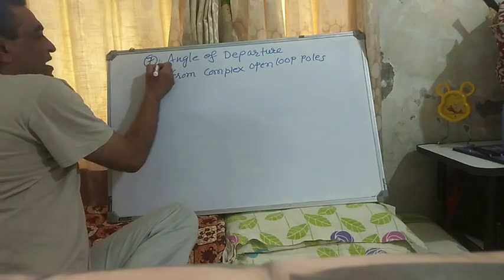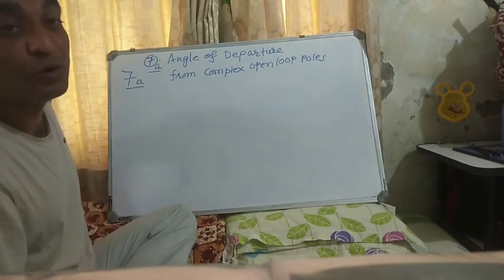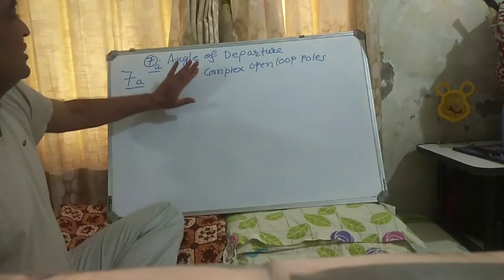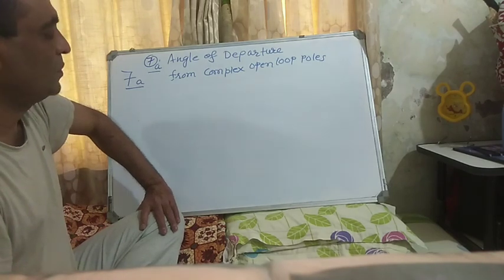This rule is 7a. There is another rule also, 7b, that we will discuss later on. So now this is about the angle of departure from complex open loop poles.